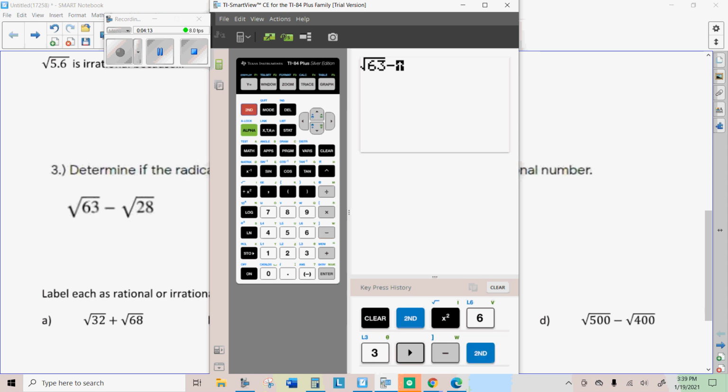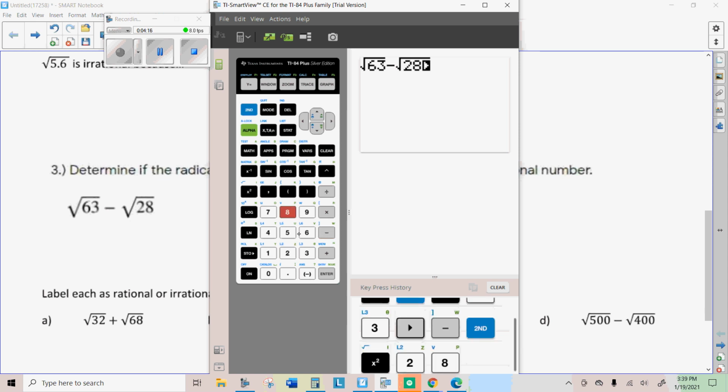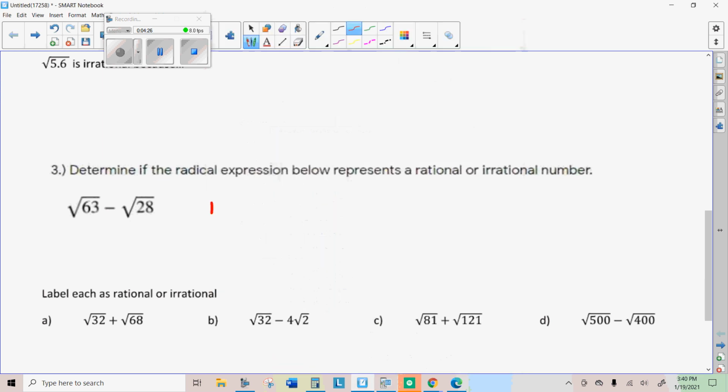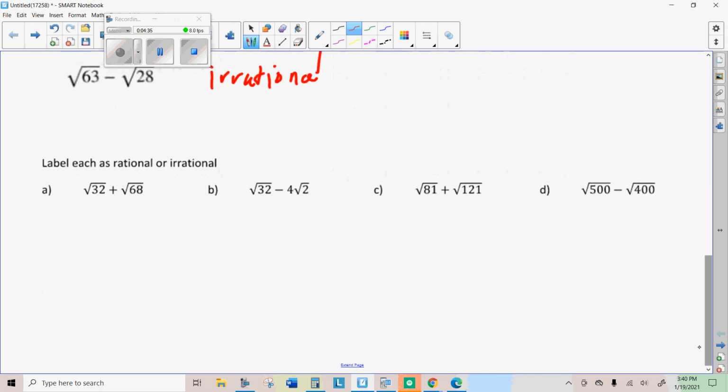And then we're going to do the square root of 28. And since the number goes all the way to the edge of the screen and the digits appear random, we're going to say that this is an irrational number. All right, you can go ahead and do those.